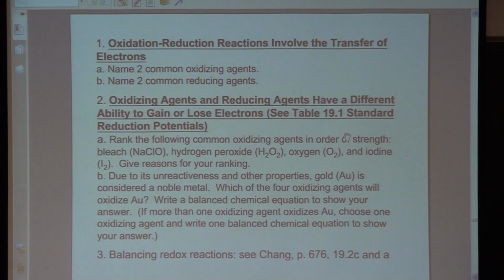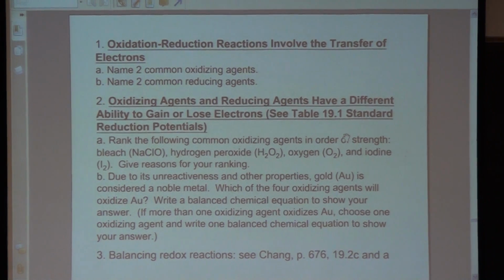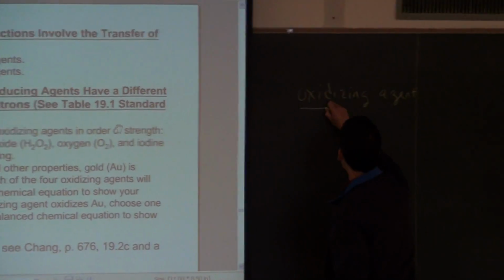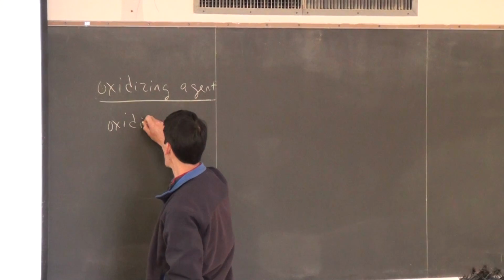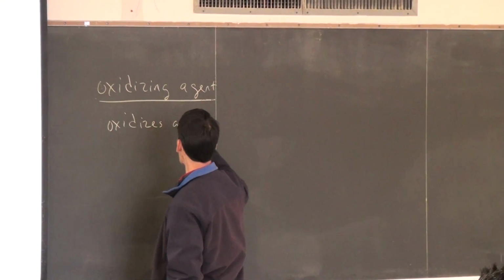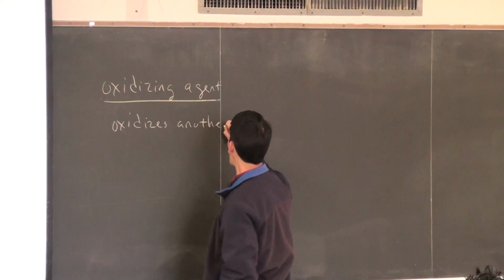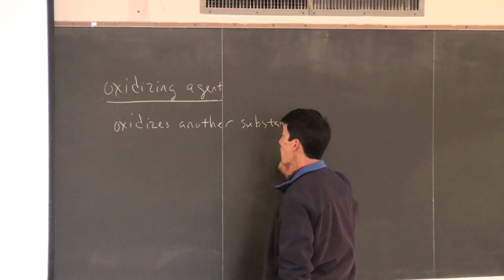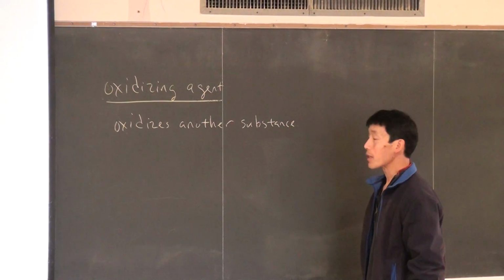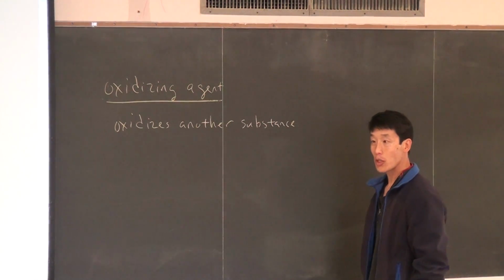So we know that an oxidizing agent oxidizes another substance. And do the oxidizing agents gain electrons or lose electrons?